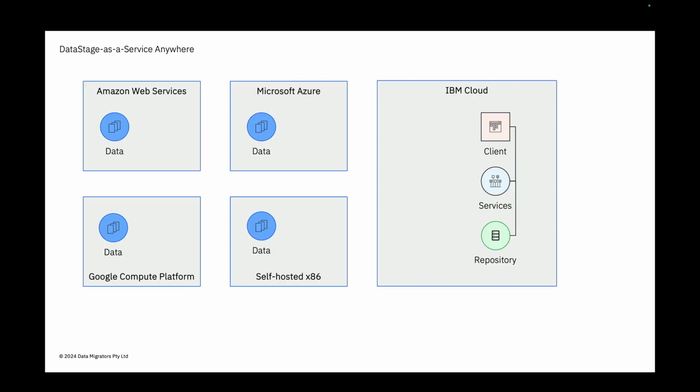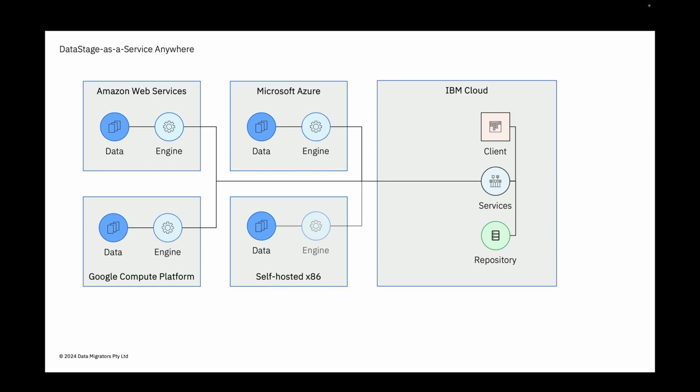So given this architecture, we can actually, instead of having an engine on IBM Cloud, deploy that engine remotely to where your data resides. And this is the concept of DataStage Anywhere. Have IBM look after the life cycle of your job designs and all of the hassle that potentially comes with owning and running your own infrastructure to do that, but deploy the processing to where the data resides.